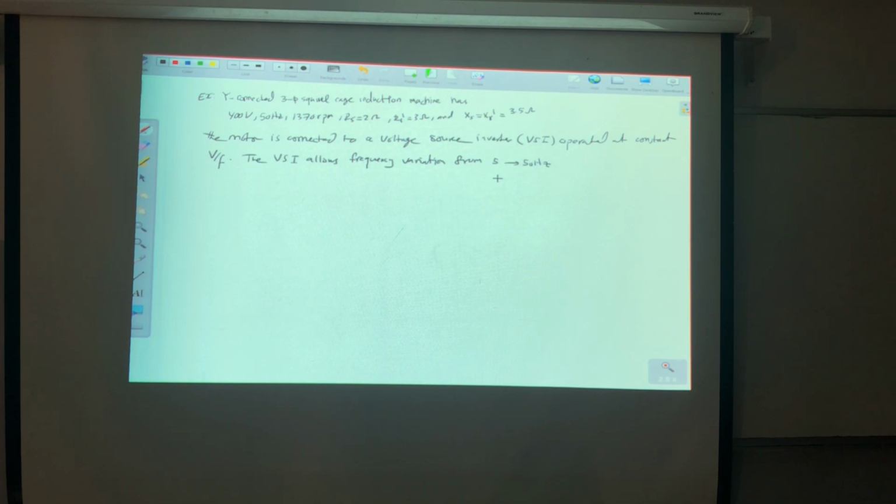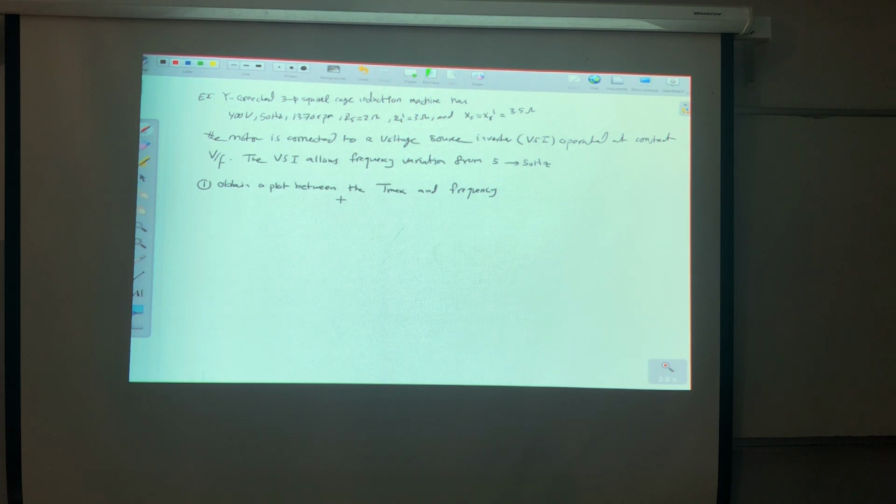And we need to obtain a plot between the maximum torque and the frequency. So the first thing here we need to do is obtain a plot between the maximum torque Tmax and the frequency. After that, we'll discuss that.